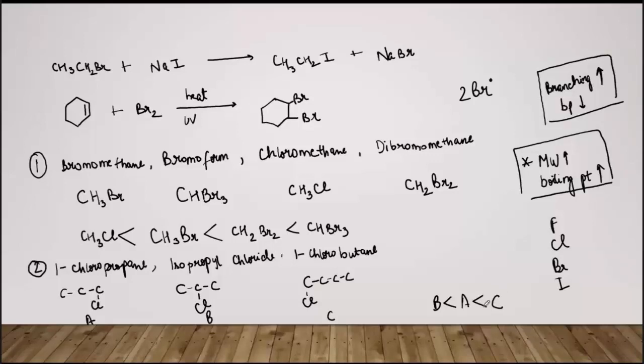So this was all for the questions or for the examples. Now we will be moving on to the next section, which is the chemical reactions of haloalkanes. We are studying this because these are reactions which involve haloalkanes as the reactant.